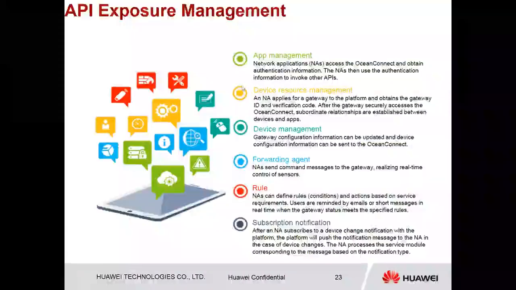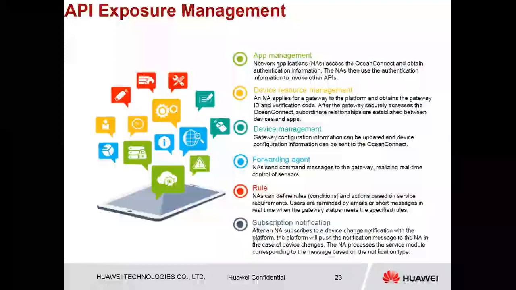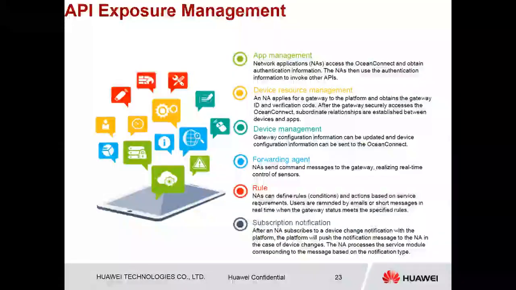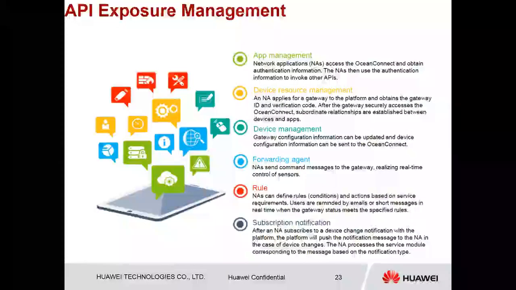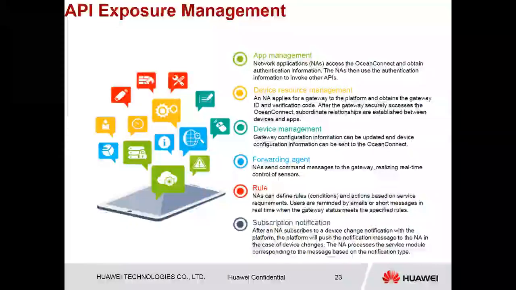And this is the API. It means the open API management, because I have just introduced that our IoT platform can support access to different kinds of services. And this is the detailed function.